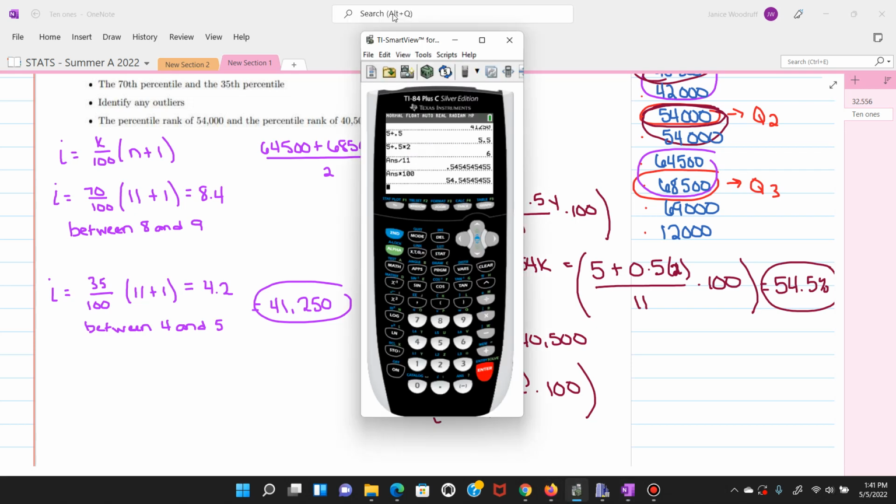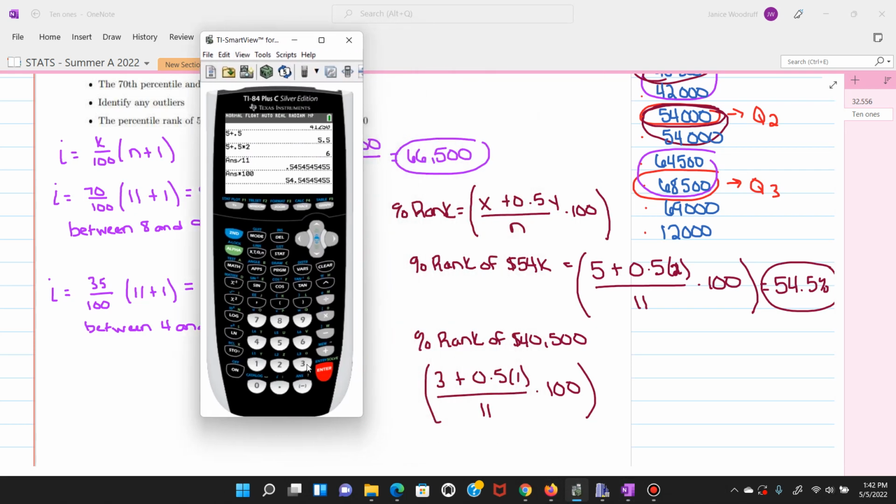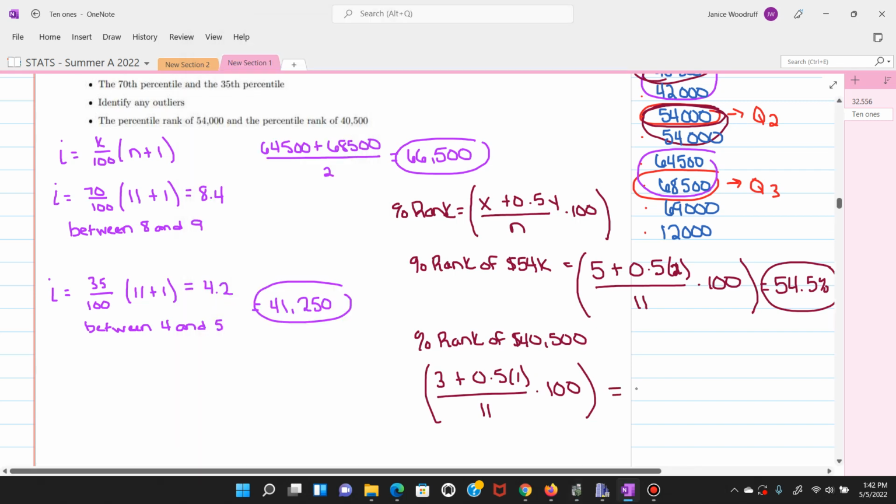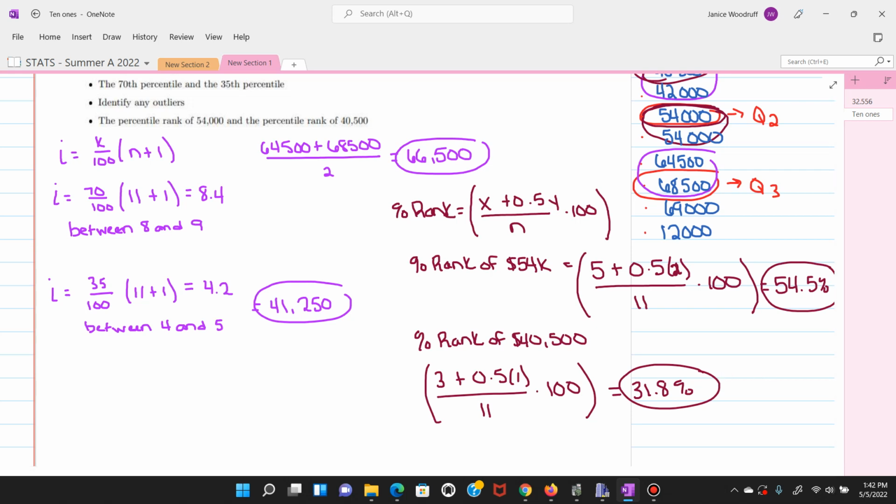Okay, so we've got 3.5 divided by 11 times 100. So that would be 31.8. So that would be the 31.8th percentile for the number 40,500.